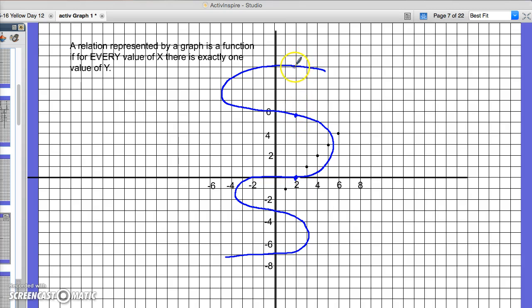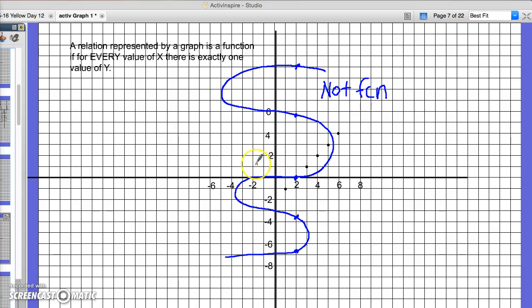There's actually another one up here, another one here, and another one here. These are all points on the relation. For x being 2, y has 1, 2, 3, 4, 5 possible different values. So this is not a function. This blue one is not a function.